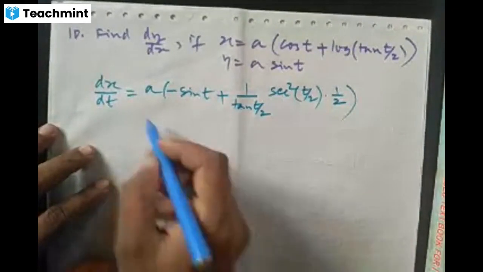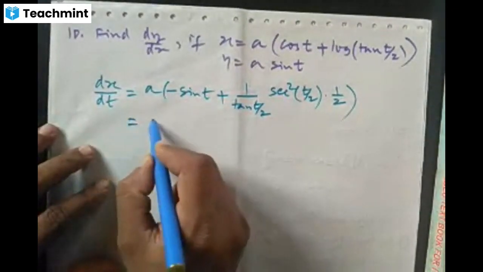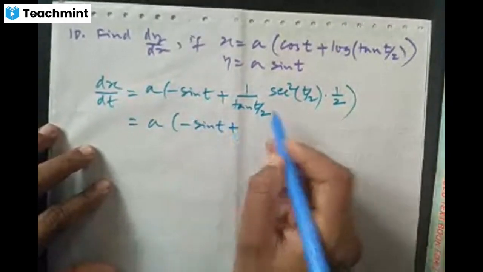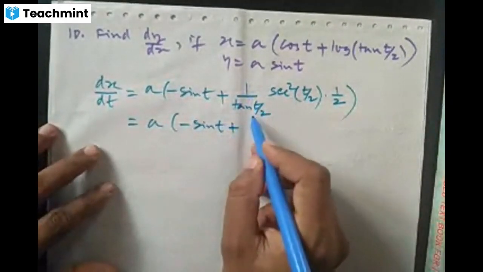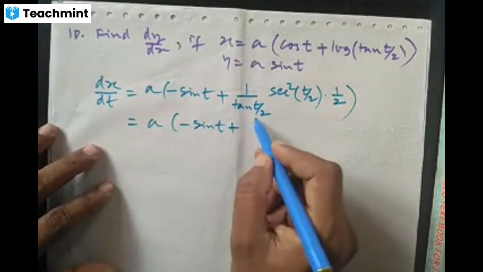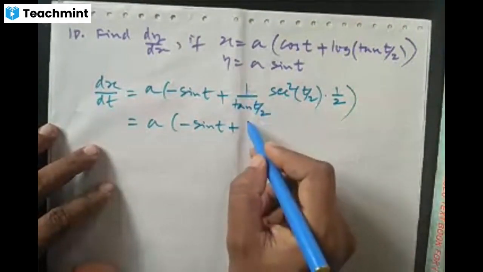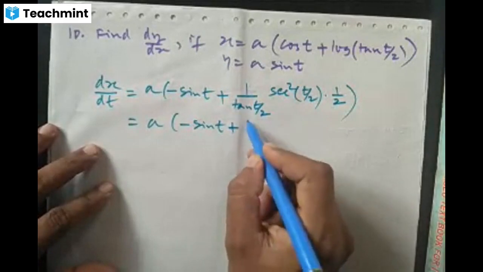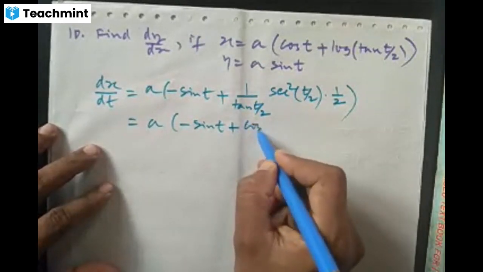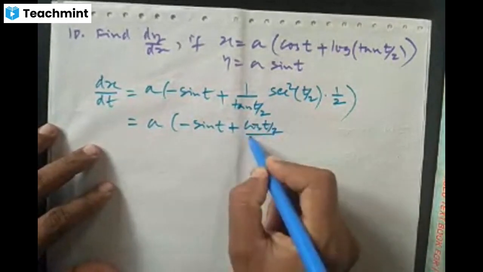Okay. Simplify this. So a into minus sin t plus, say, 1 by tan t by 2. 1 by tan is cot. Cot is cos by sin, right? So 1 by tan t by 2 can be written as cot t by 2, that is cos t by 2 by sin t by 2, right?